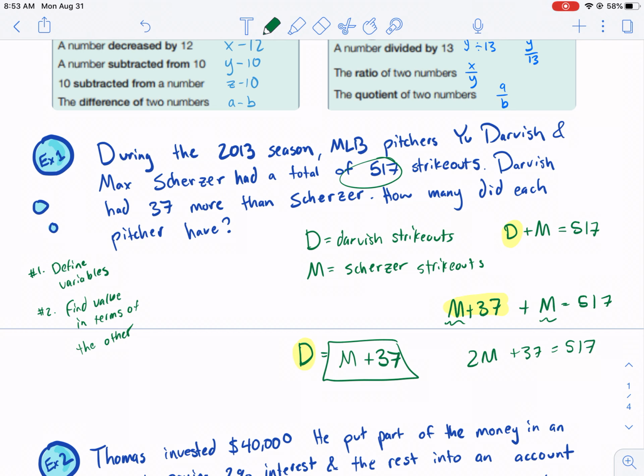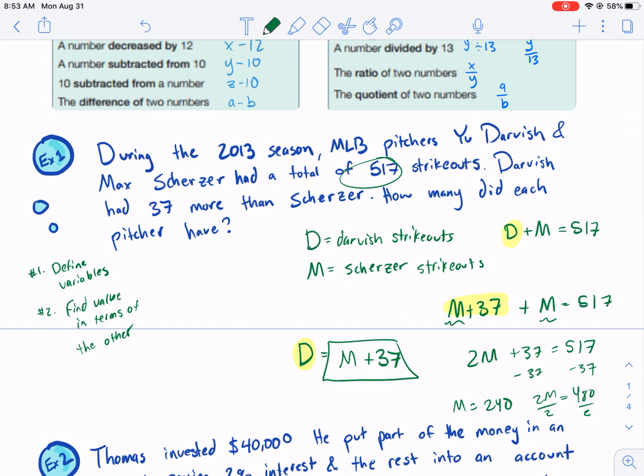So we have 517 minus 37, because we need to subtract 37 from both sides. We get 480 equals 2M. Divide by 2, we get M equals 240 strikeouts.